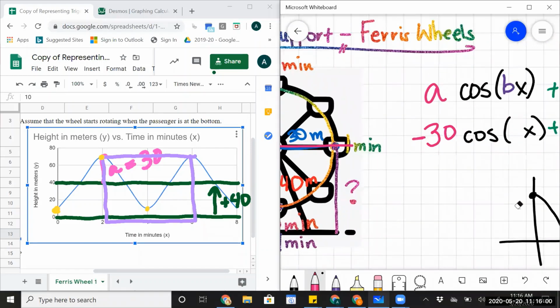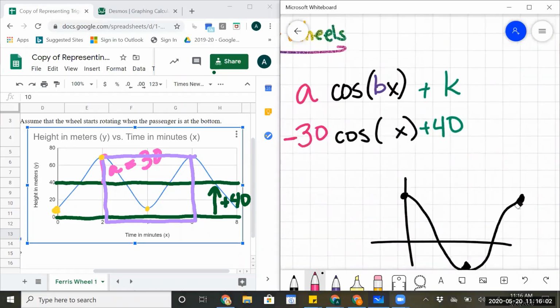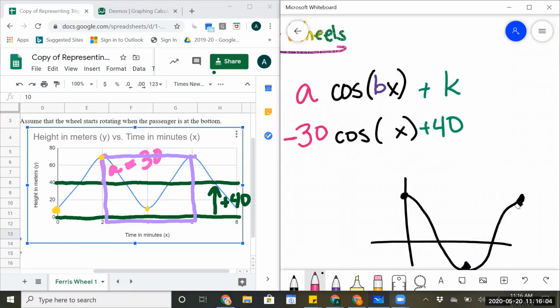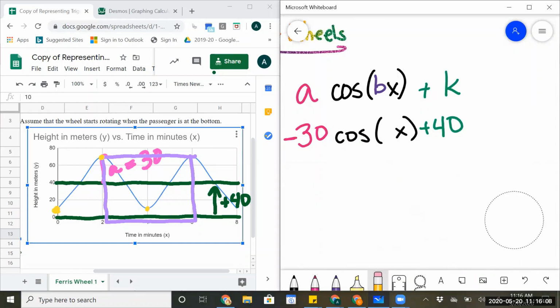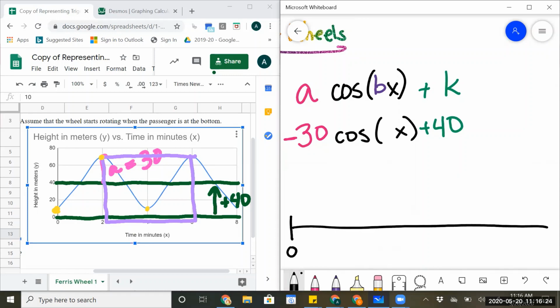All right, so I know this is a lot. You guys are doing great so far. We've got that one more purple number left to fill in. So let's think about this. We said that the purple number is pretty much how many times I cycle through cosine within the course of 360 degrees. So here's 0. And how many times until we get to 360? I'm going to start by asking you this.